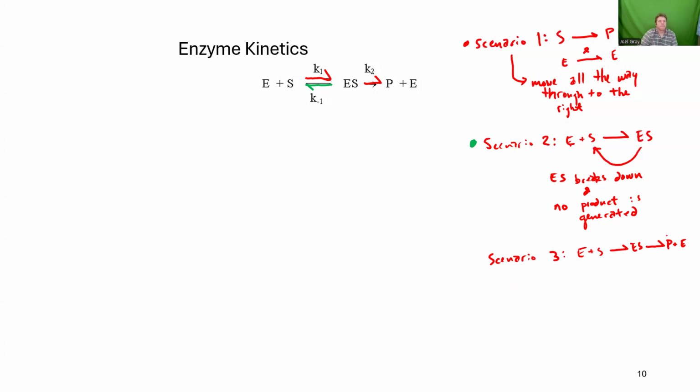Now, this is where we move all the way to the right, but why I highlight this one is because, in theory, in order for an enzyme substrate complex to be produced, the product and the enzyme could go back.